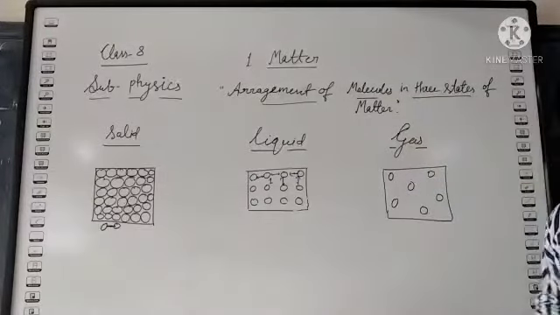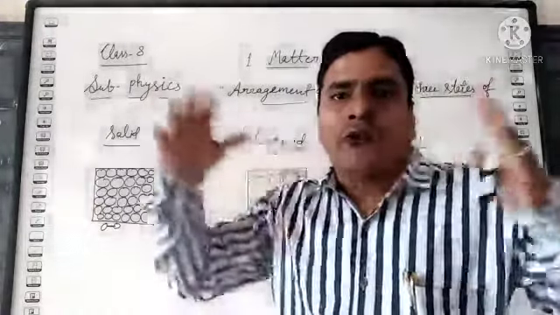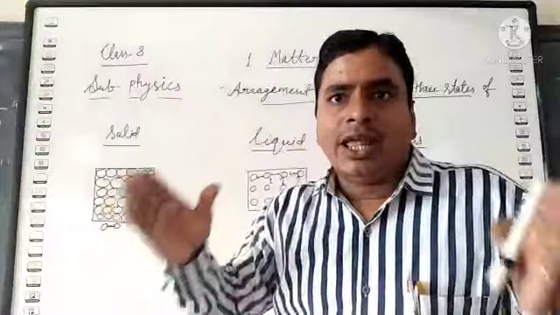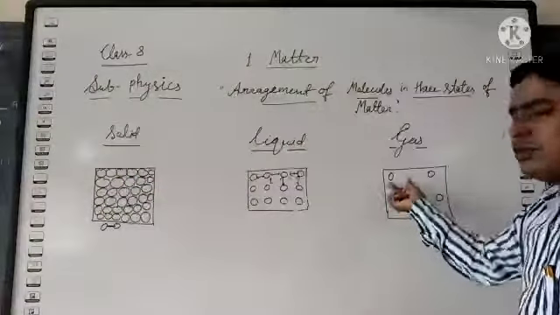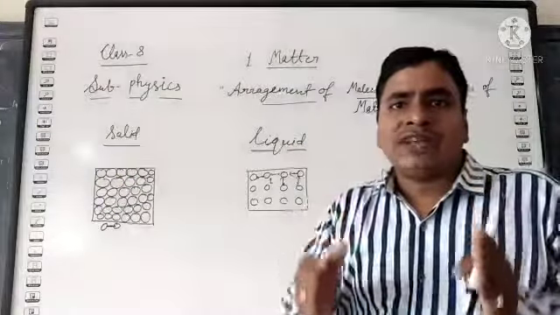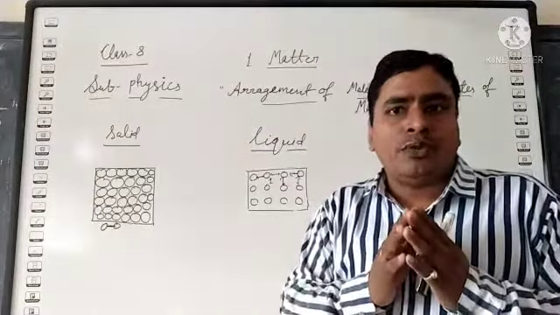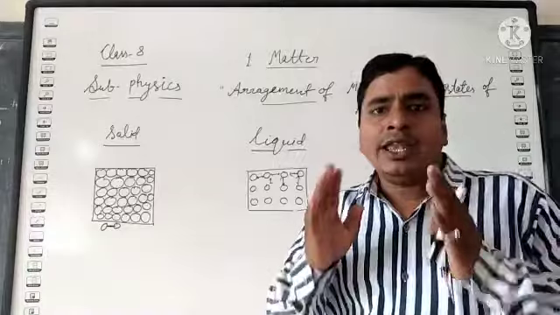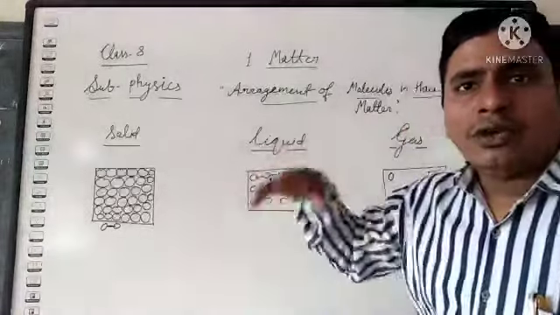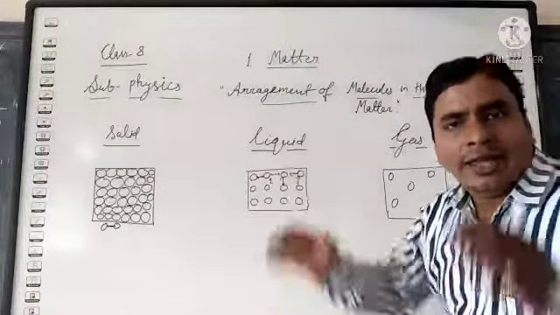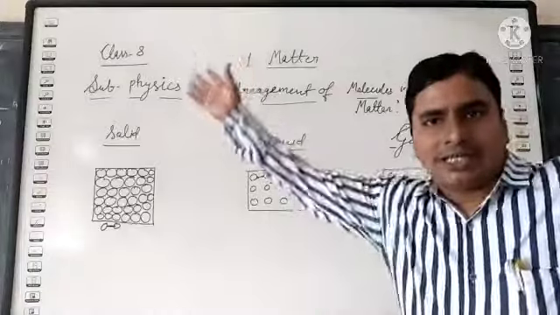And in case of gases, the molecules are so far apart. There is too much large space between the two molecules. So that's why molecules are free. They are not restricted by any force. They are totally free to move anywhere, inside the container or outside the container.